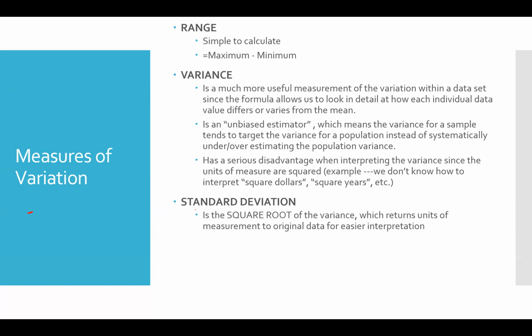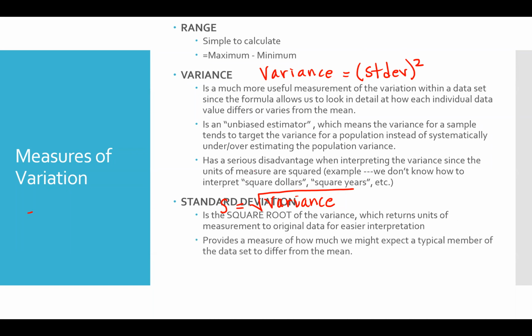The standard deviation is the square root of the variance, or vice versa. The variance is the square of the standard deviation. Okay, they're connected to one another. But again, by taking the square root, my units go back to being years or dollars and makes the interpretation easier.